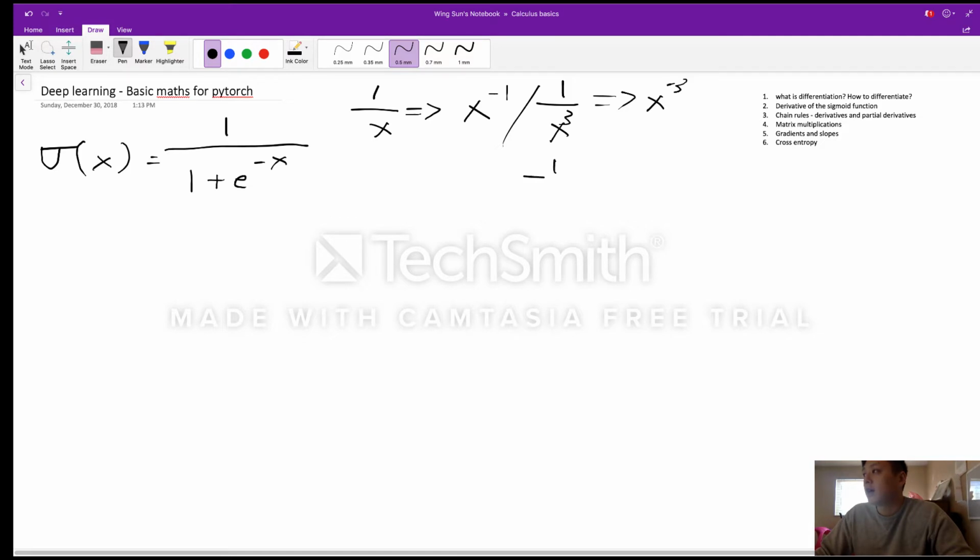If you have 1 over x plus 1, that becomes x plus 1 to the negative 1.